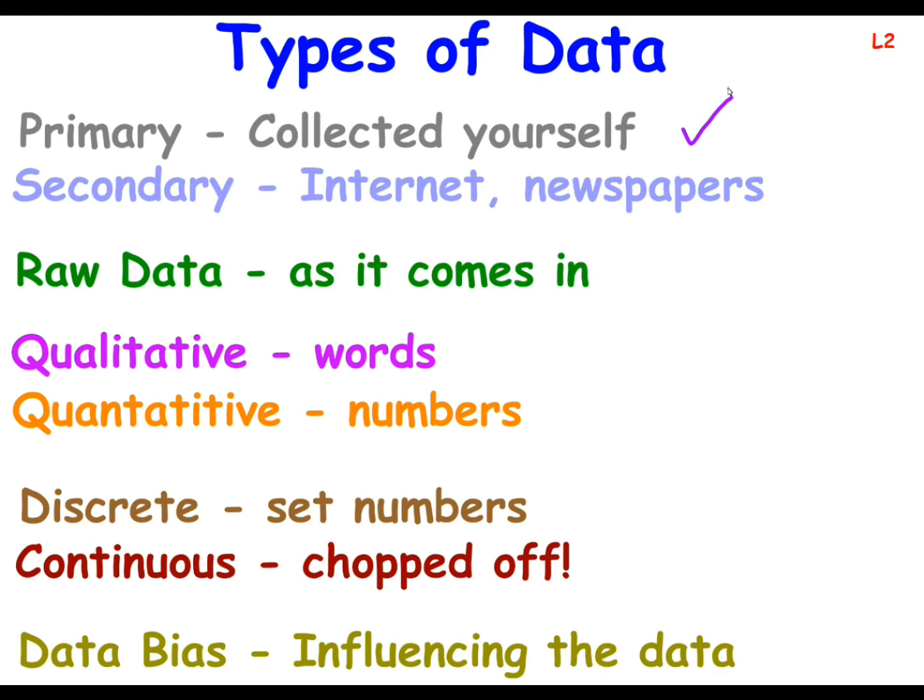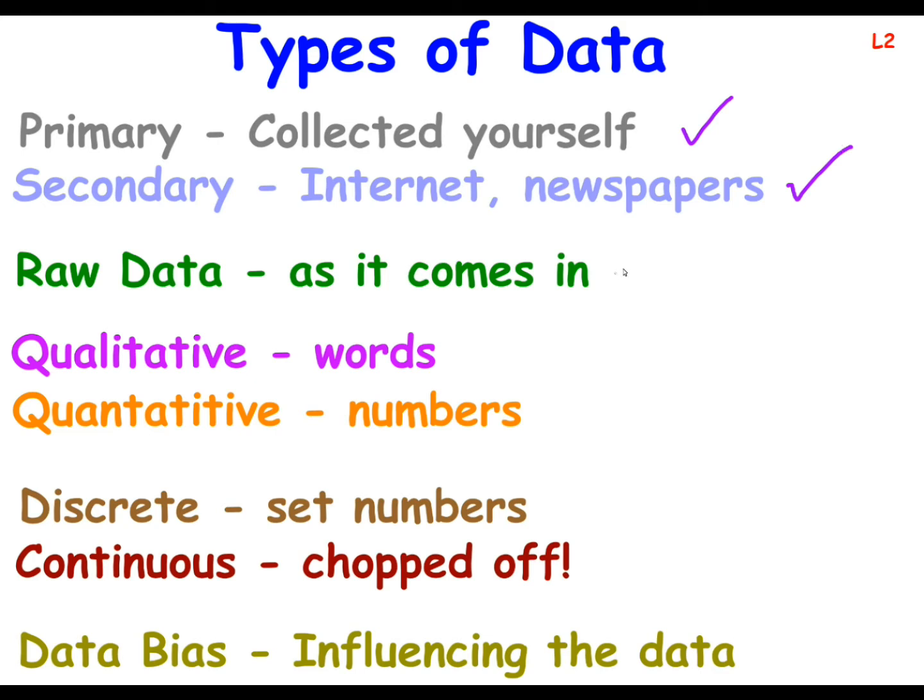The next one is secondary data. This is where you get data from a secondary source. So instead of collecting the data yourself, you go to the internet, or you go through newspapers, or you go to the library, and you find the data you want through a secondary source. In other words, it's not your data, it comes from somewhere else.